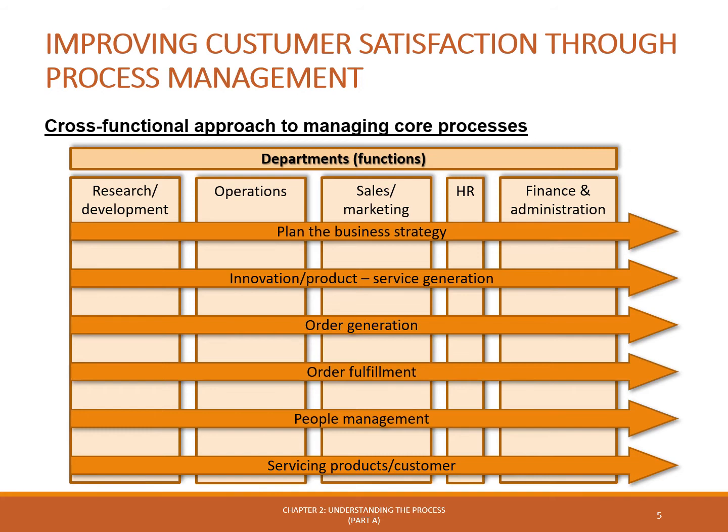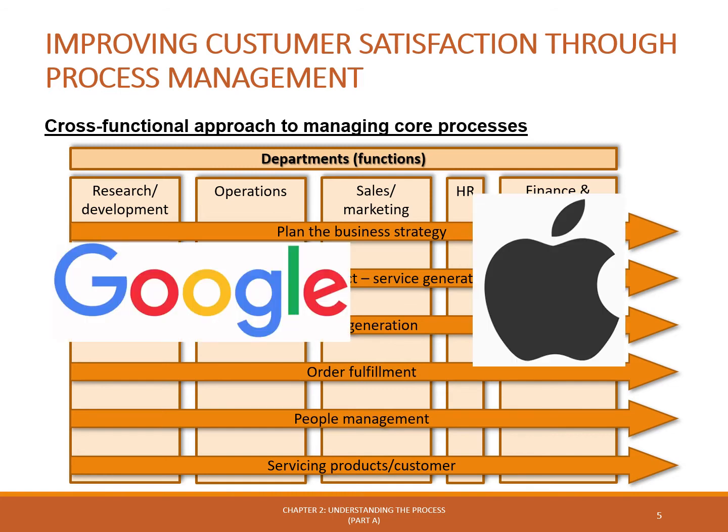Process managers can then work to ensure that departments understand how their individual work affects the other departments, and more importantly, how they add to the entire process of satisfying the customer. Big companies like Google and Apple are perfect examples of this horizontal management approach.